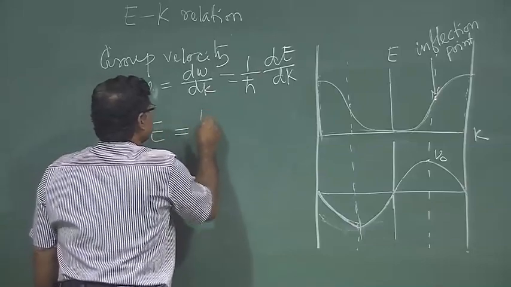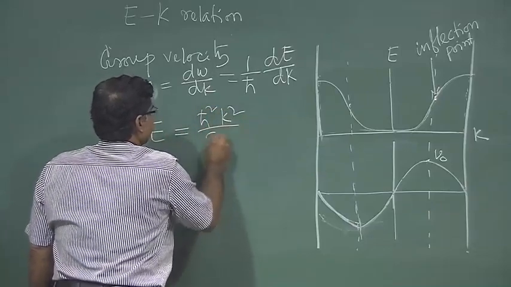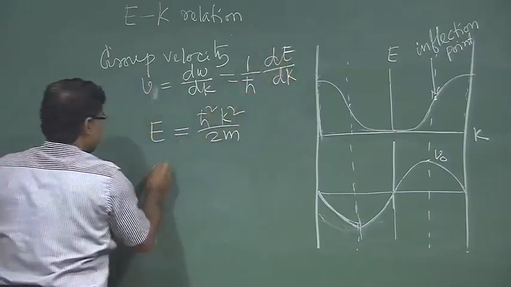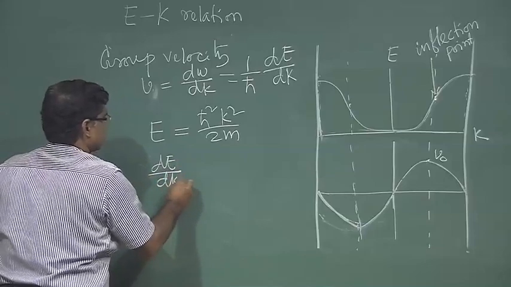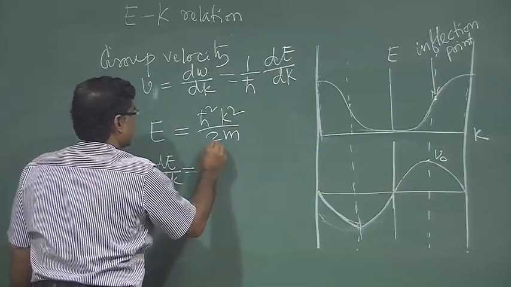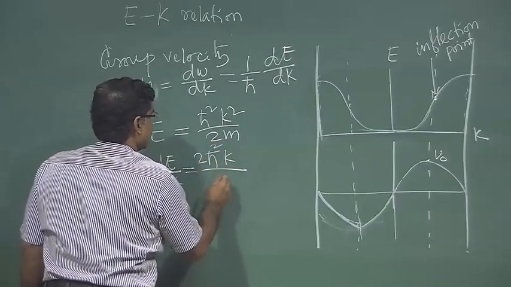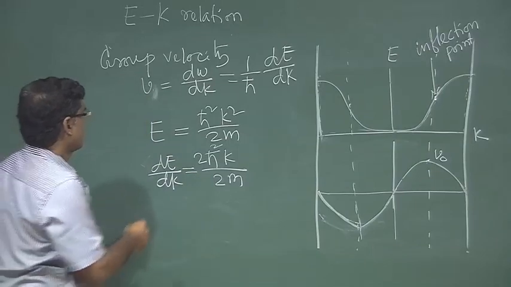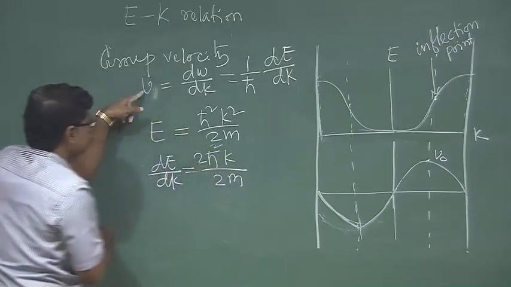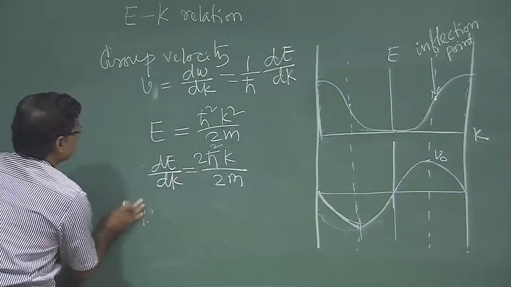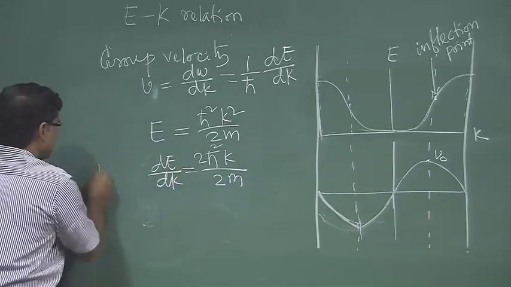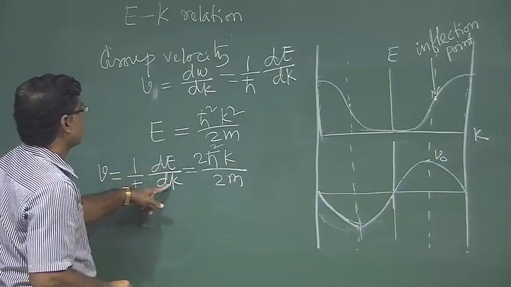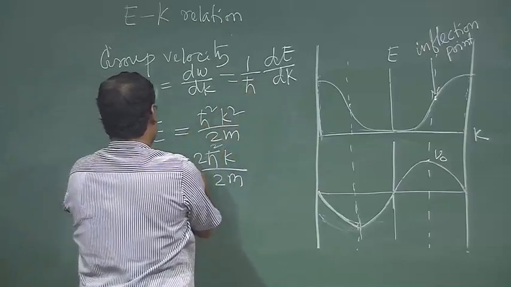So, E equal to h cross square k square by 2m, right. So, dE by dk equal to 2 h cross square k by 2m, right. So your velocity v equal to 1 by h cross dE by dk.